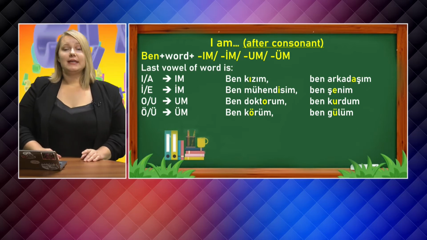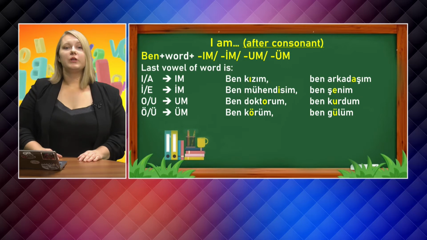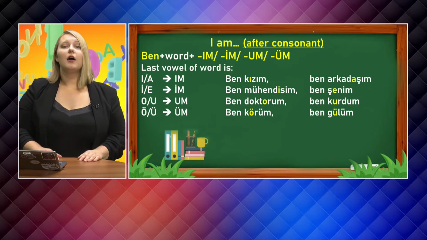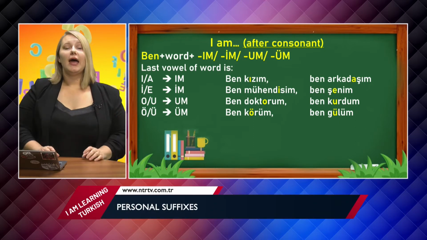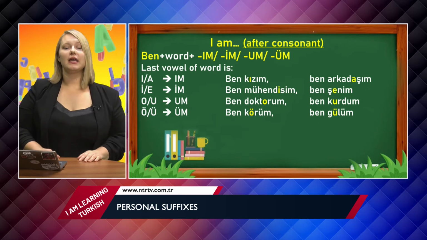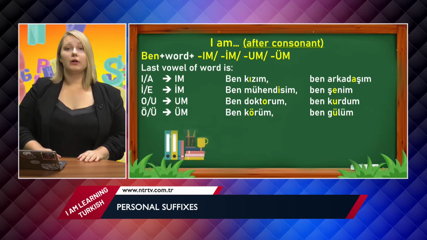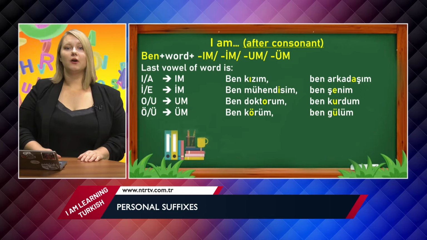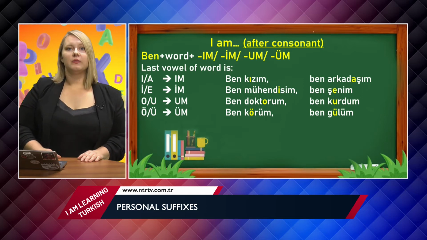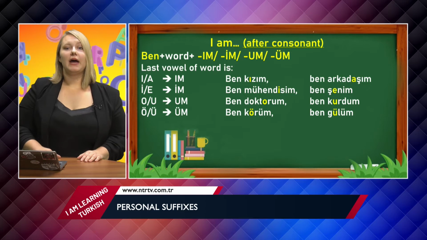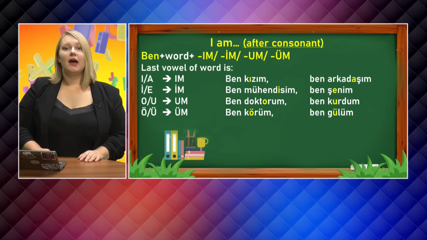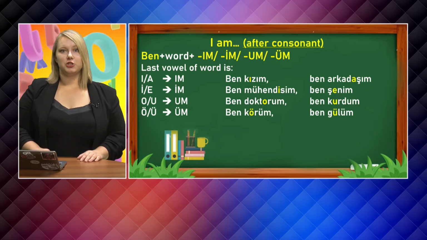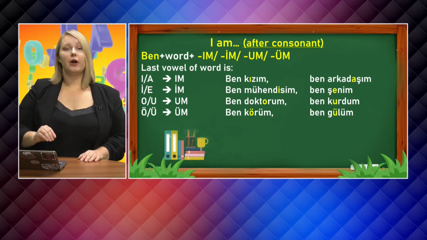So if an I sentence is built with a word which finishes with a consonant, we firstly have ben, which means I, then a word, and then a suffix: ım, im, um, or üm. If the last vowel of a word is ı or a, we will have ım, as in words ben kızım or ben arkadaşım. You can see that the suffix is not stretched. The vowel in the word is stretched.